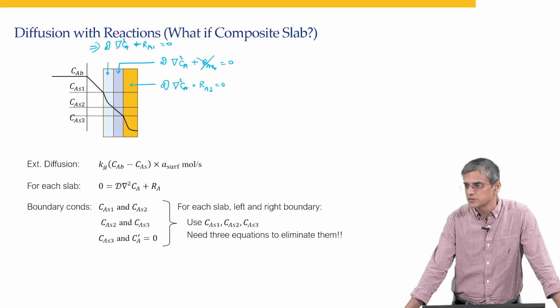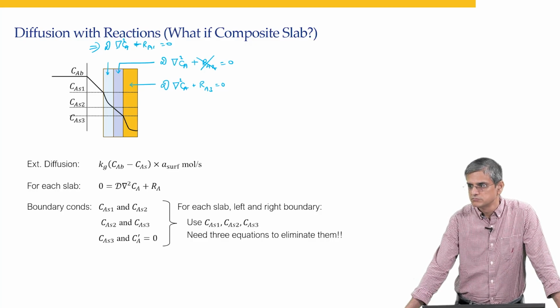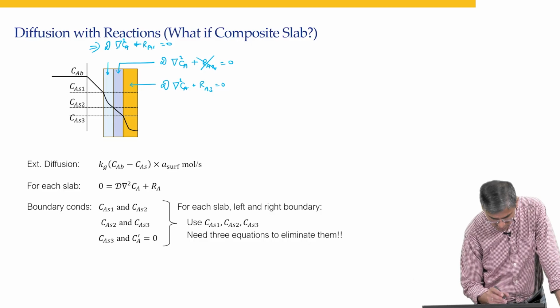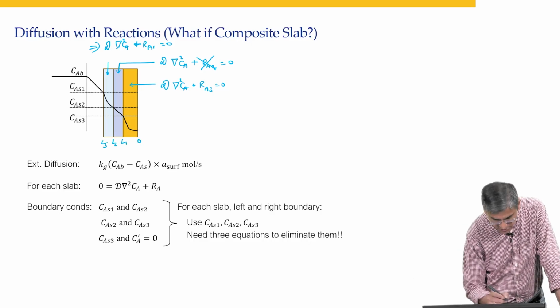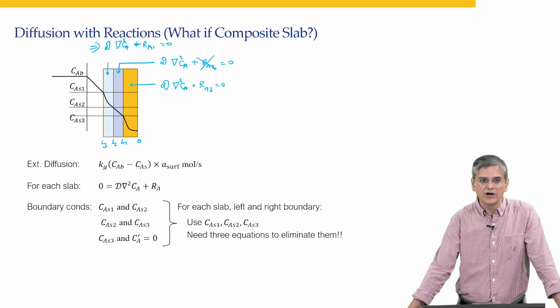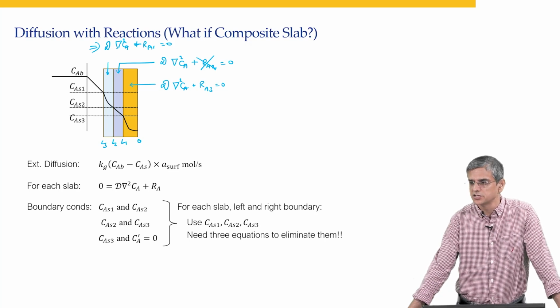Whichever one you are comfortable with. Okay. At let's say this is 0, this is L1, L2, L3. Okay, you now have 3 boundary conditions and three unknowns.